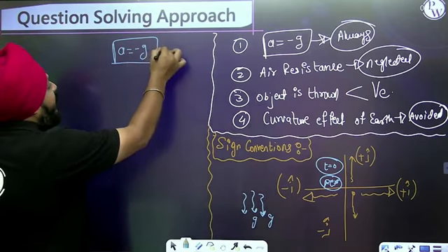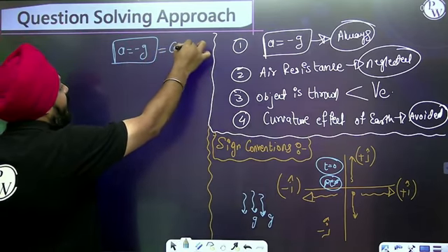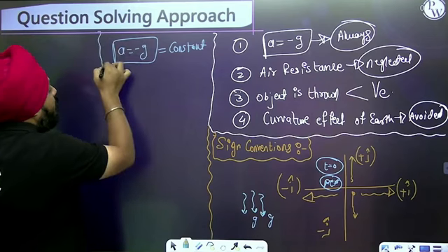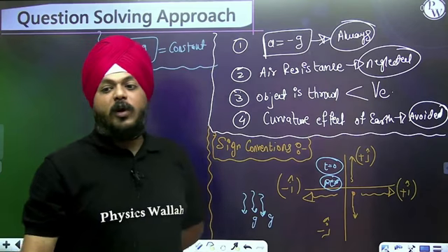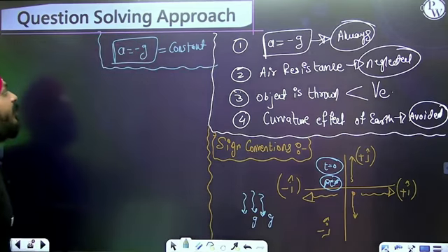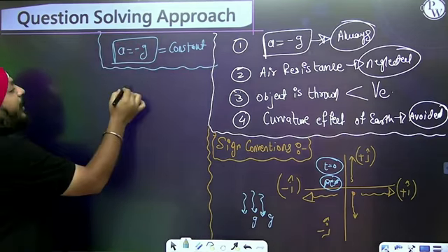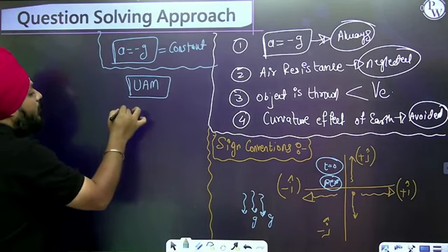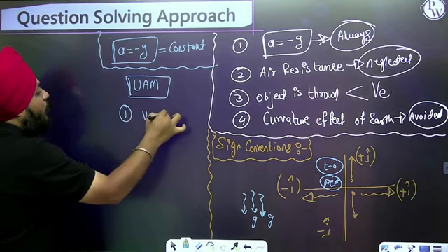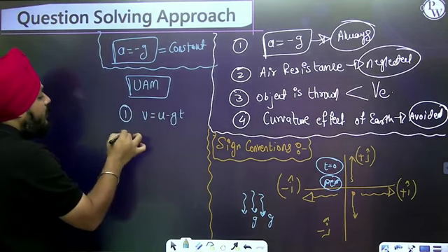A is equal to negative g. Obviously, it is going to be a constant value. So it means that we can apply the equations of uniformly accelerated motion. First, v is equal to u minus gt.